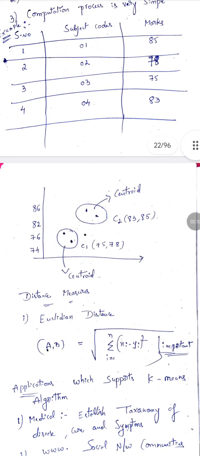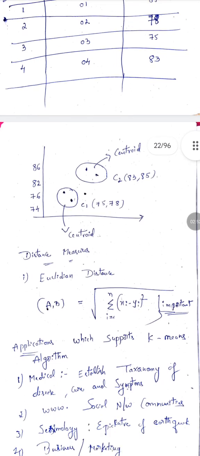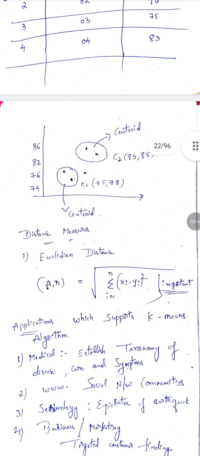The marks 82, 83 and 85: those dots are near to each other, and those points form another cluster, C2. Those are the 2 clusters, C1 and C2, segregated to form a group each, and we have to find the centroid.